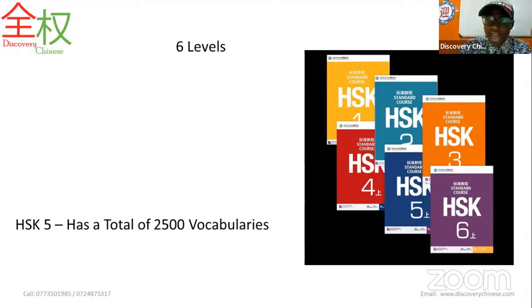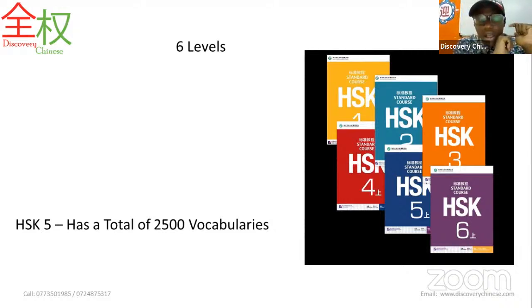Something about level 5, for the people who are interested in scholarship applications for going to China. If you want to do a bachelor's degree in Chinese and apply for a scholarship at a university of your choice, there are some universities that will offer you a bachelor's with a level 4 certificate.